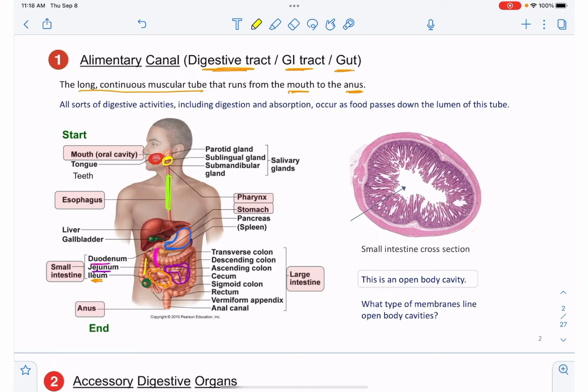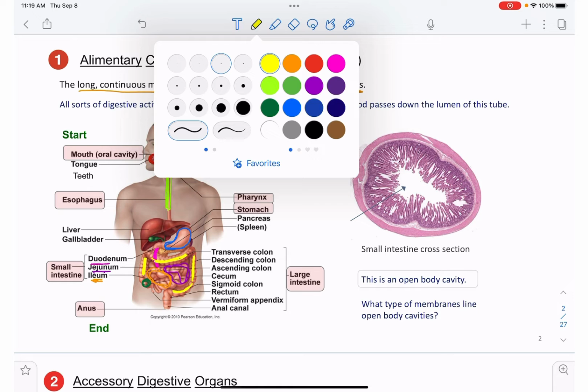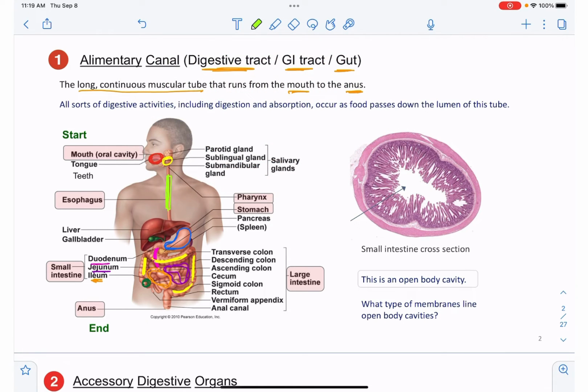We have the ascending colon, the transverse colon, the descending colon, and then it takes a little S shape and it moves posteriorly, and that's the sigmoid colon. And then after the colon, we have the rectum and also the anus. So that's the alimentary canal.